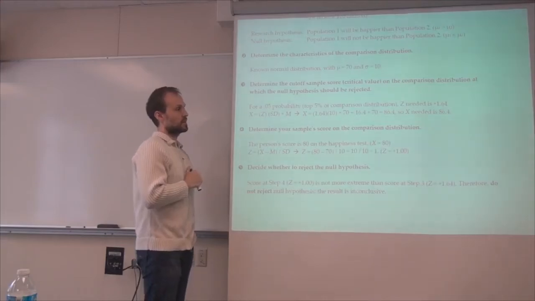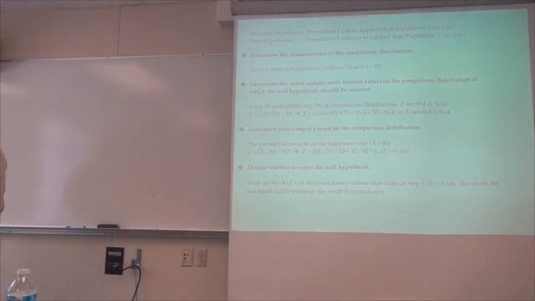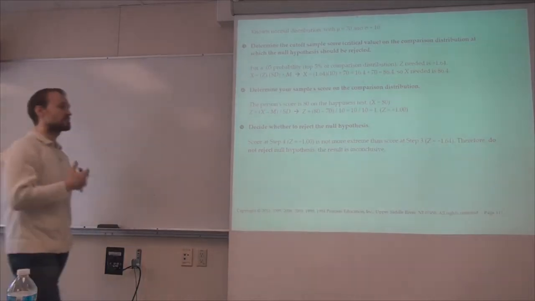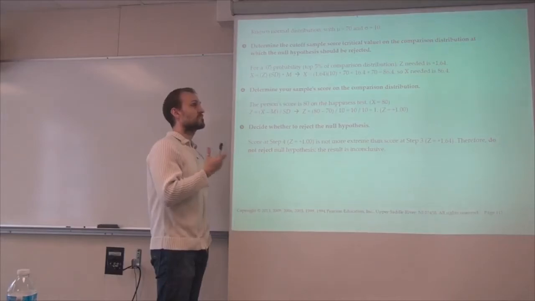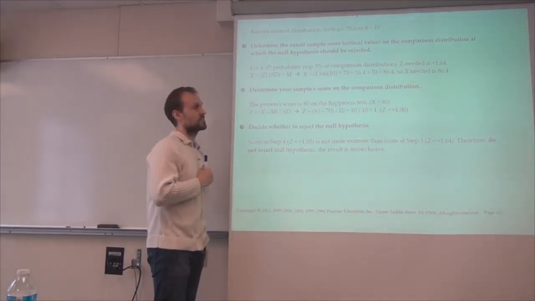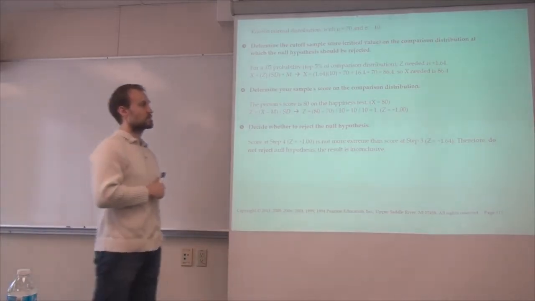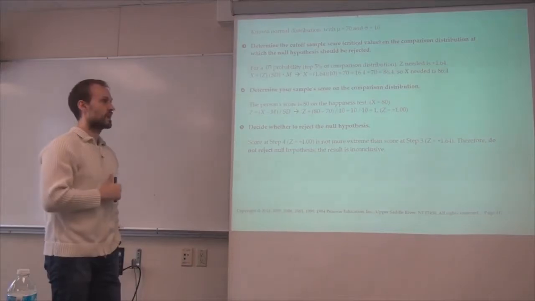Can I say that definitely suggests people are happier? This person is happier, but it's not that much more than the average, so I can't say there is strong evidence to suggest that people in general are happier with the $10 million. It's not more extreme than the cutoff value.